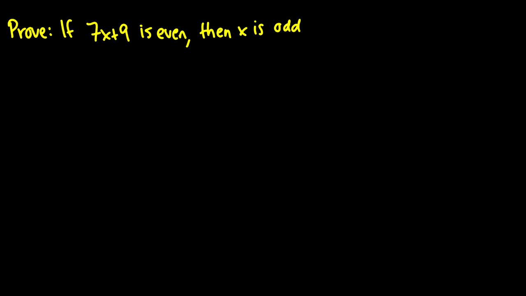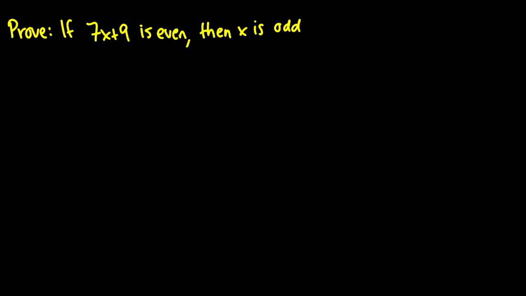So, if 7x plus 9 is even, then x is odd. Well, how do we write that 7x plus 9 is even? We say, okay, 7x plus 9 is equal to some number 2k, and then we have to say x is odd, so we have to solve for x and figure out, well, that is just ridiculously hard.